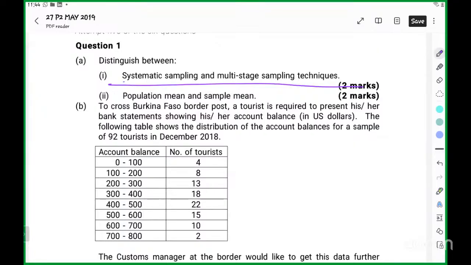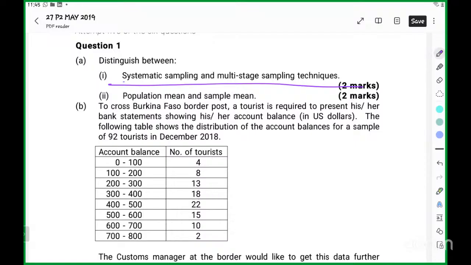So the difference, distinguish between systematic sampling and multi-stage sampling. So multi-stage has cluster and quota sampling. Okay, kindly look at them. Those little questions I kept sending you, you remember?